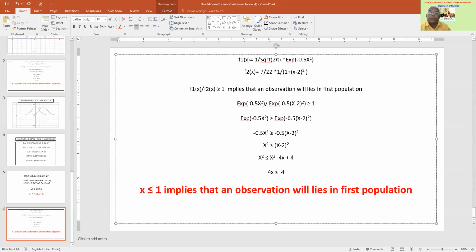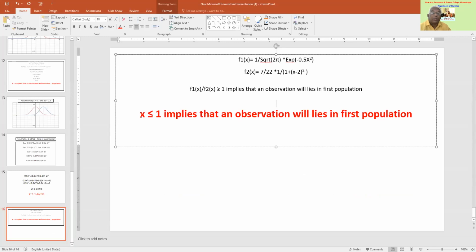You are supposed to do the further simplification and tell me tomorrow what the cutoff point is. X equal to what? Tell me tomorrow. So with this, we will stop for today.